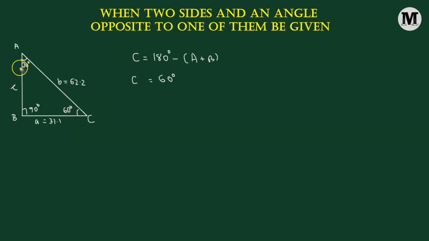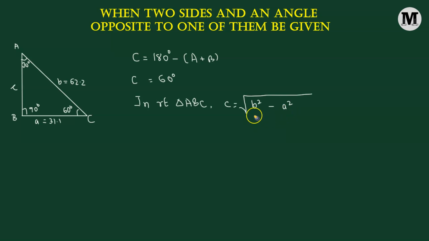Now our final task will be to find the measure of the side c. Since we have a right angle triangle, in right angle triangle ABC, which is right angled at B, we can use the Pythagoras theorem to find the measure of c. So c is going to be the square root of the hypotenuse squared minus the base squared. The base here is a.